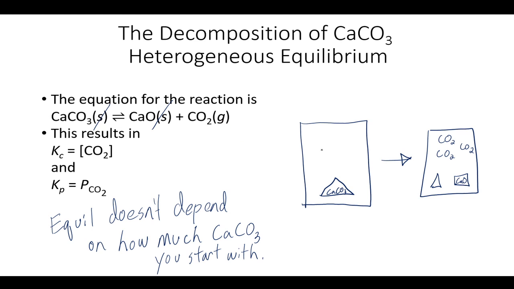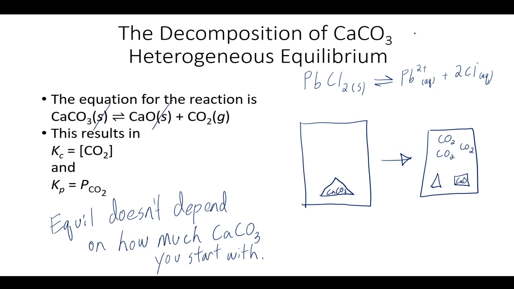As we move forward, we'll see similar things with equilibria that look maybe more in the aqueous phase. So you could think about lead chloride, which solubility rules tell us is a solid in water. When we put this solid in water, we get some Pb2+ and Cl minus.